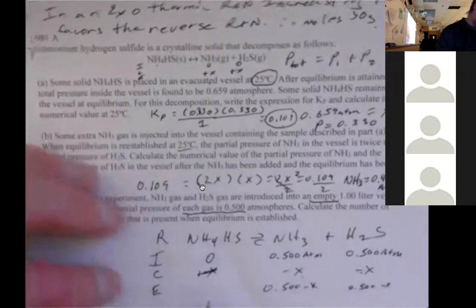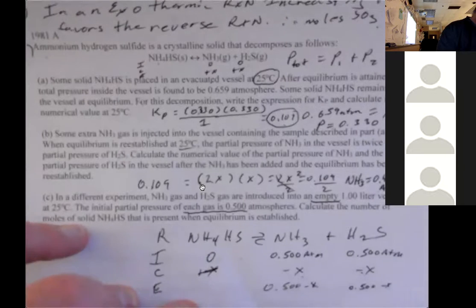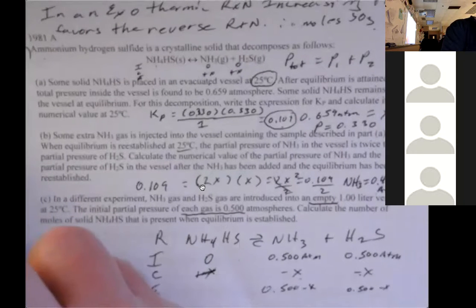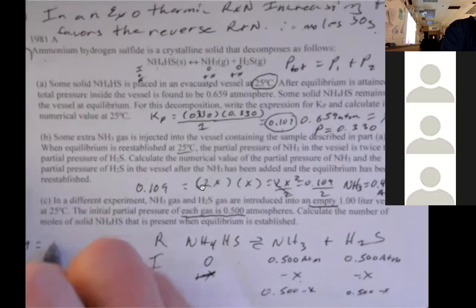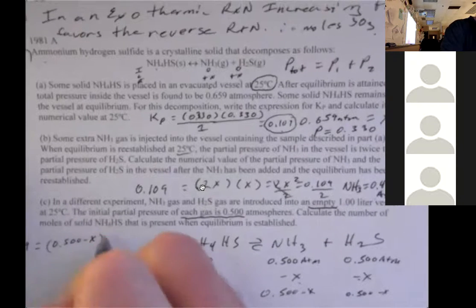So if we take a look, we do know that it's still 25 degrees. So we've got the 0.109 squared.